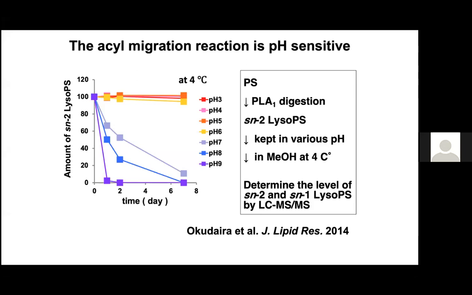In this experiment, PS was first digested by PLA1, kept in various pH, and the resulting SN2 lyso-PS was monitored. As you can see here, at low pH, lower than 4.0, the acyl migration reaction was completely blocked.